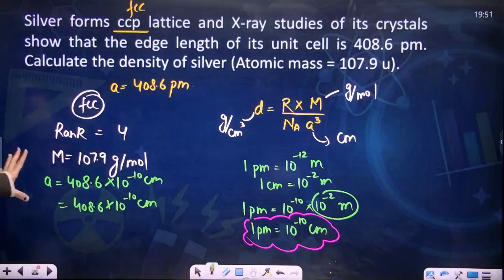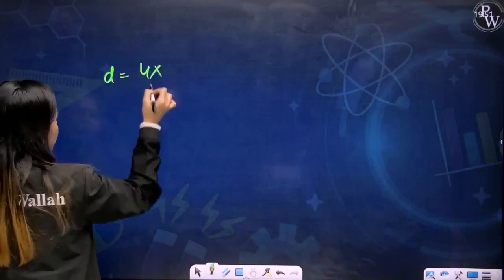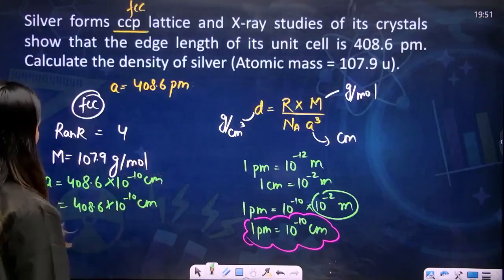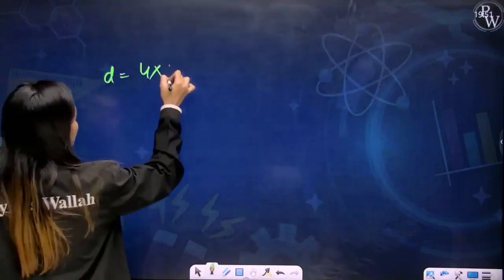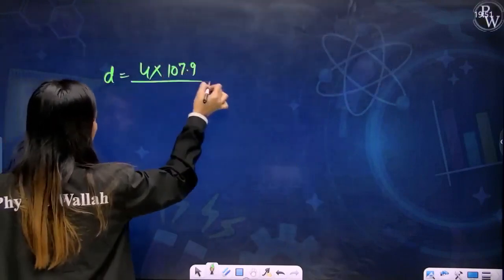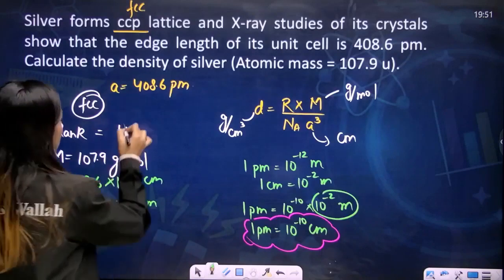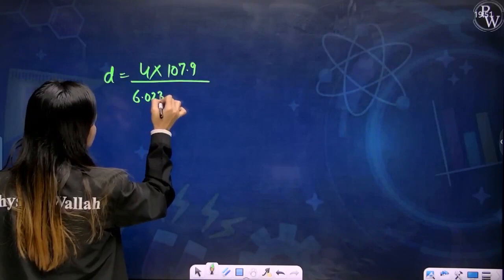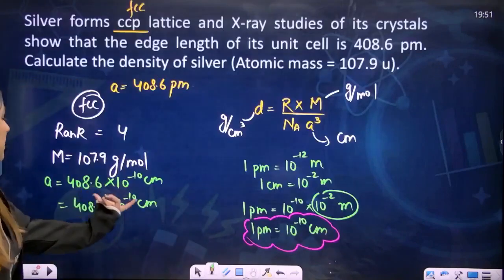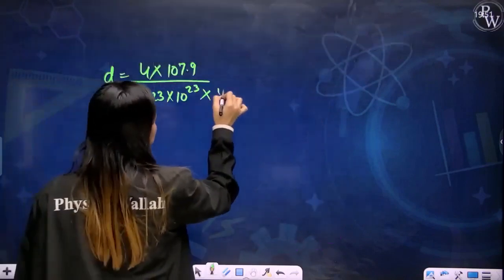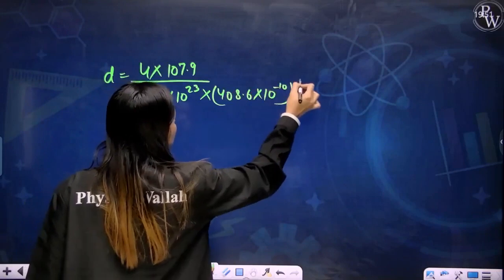Now you can put all these values in the formula. So your density would be equal to rank 4 into molar mass 107.9 upon the Avogadro number value, 6.023 into 10 raised to the power 23, into A cube in centimeters, 408.6 into 10 power minus 10 whole cube.